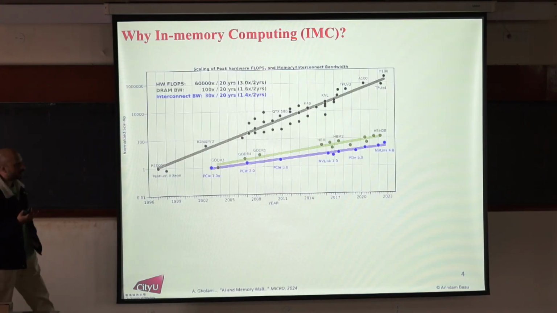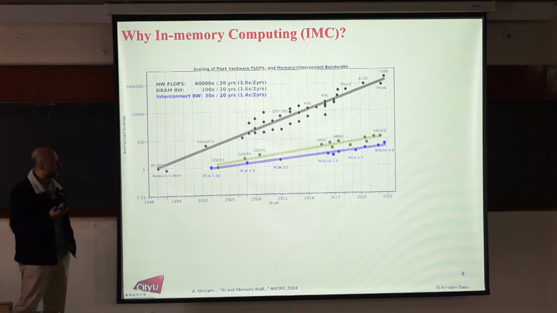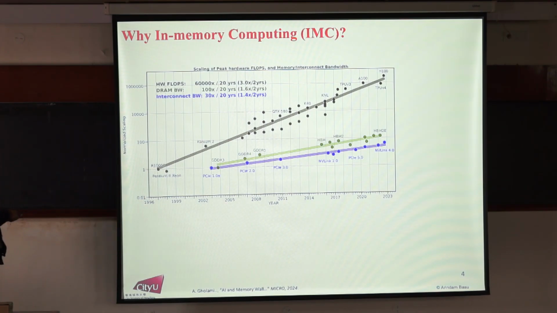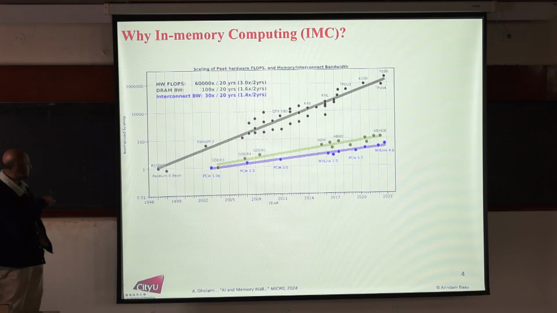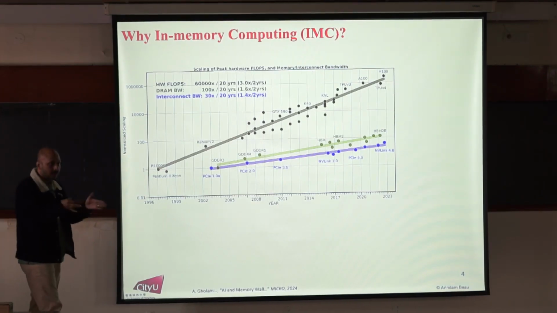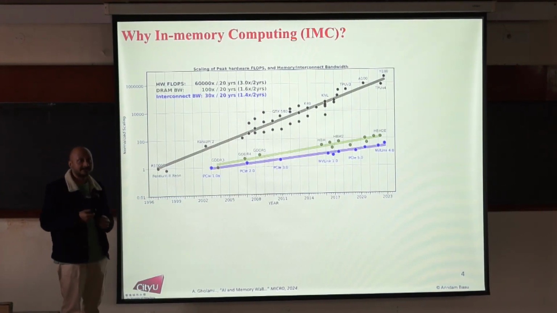The second one is about how fast can you get the data, bandwidth. So this one is talking about, this is time again. This is looking at different aspects. This is flops, how fast can you compute. These two, this one is bandwidth from the DRAM. This one is interconnect. How fast can the wires send the data.